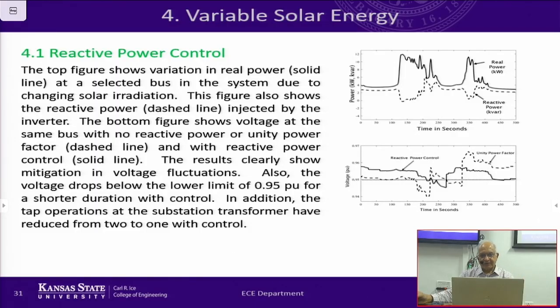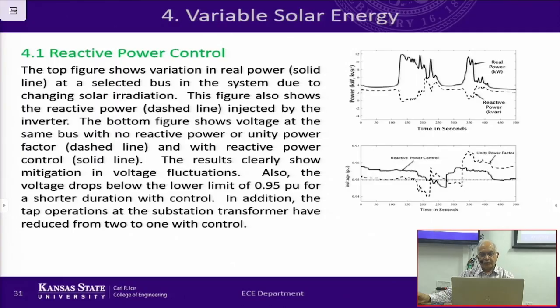Okay, and the results are shown here. The original unity power factor is the dotted graph here. And the method that we applied is this one, the solid one. And you can see that the voltage has better values because in this case the voltage is going below the limit for a long duration.